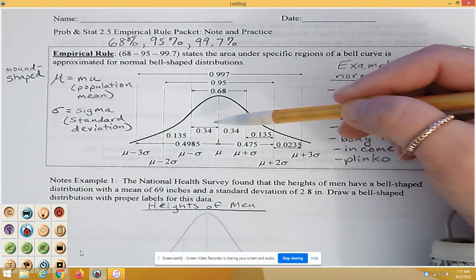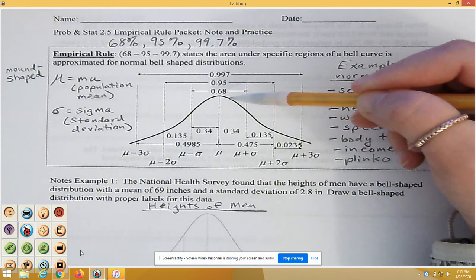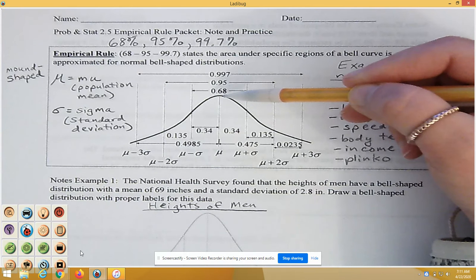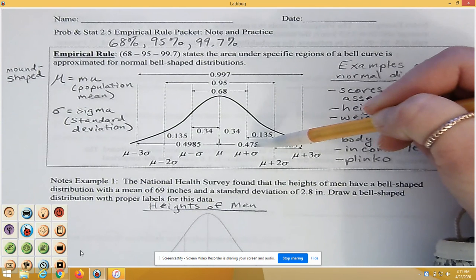There's quite a big jump going from 1 to 2 standard deviations. So for just 2 standard deviations, you would have 95% of the data within that range from the mean. And if you take 95 and divide by 2, you're going to get 47.5%. So if you look here, this is talking about from here to here.